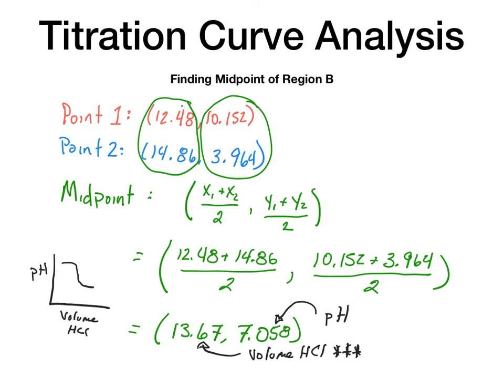And so using the volume of HCl, we can find the concentration of the acetate in our example. We can also use this to find the pKa of the acetate.